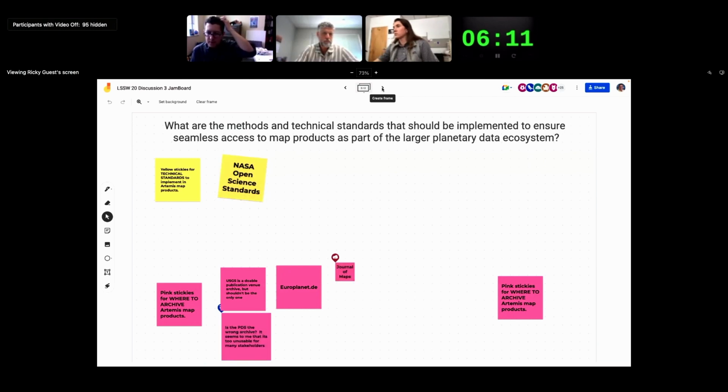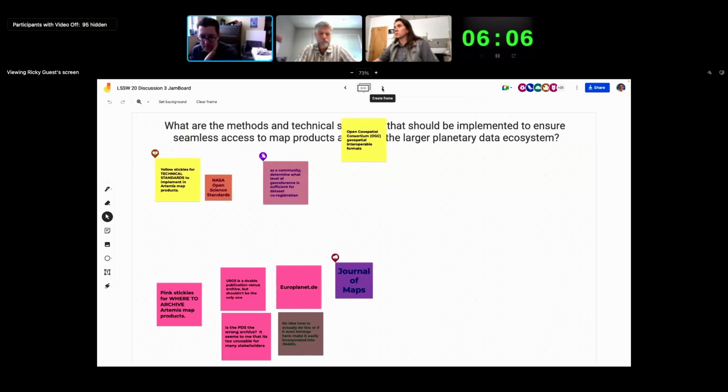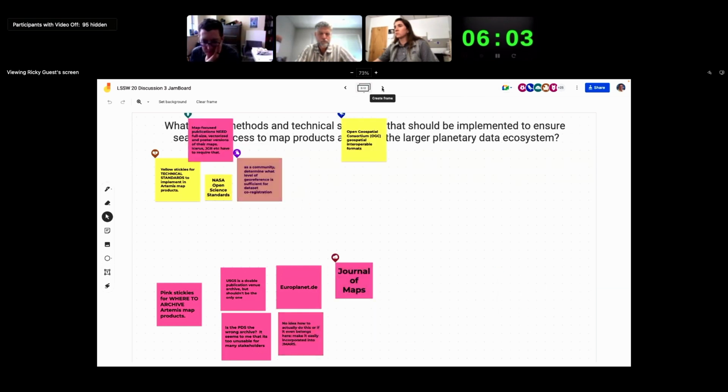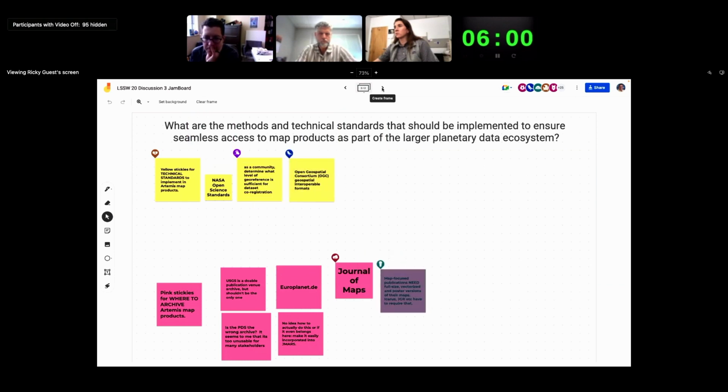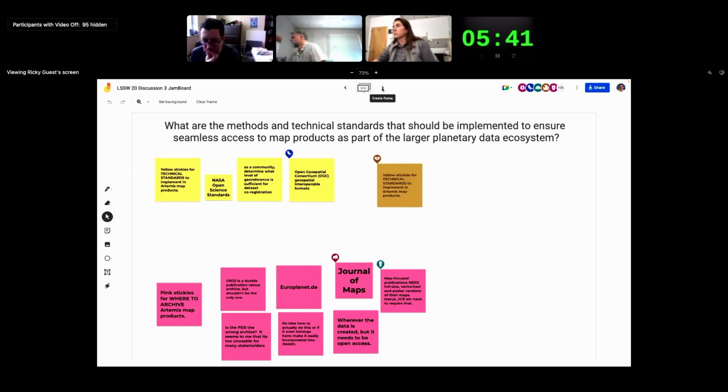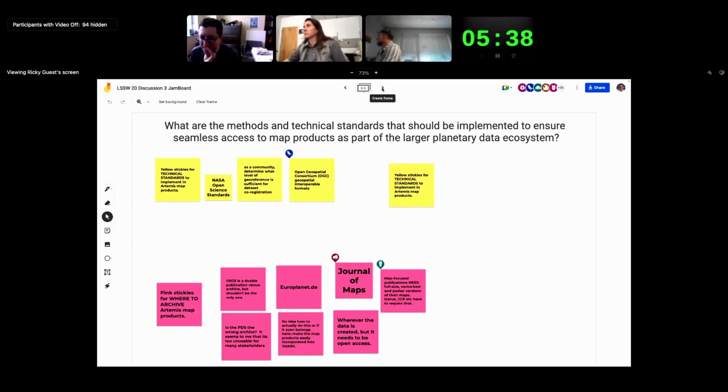NASA Science Standards, Journal of Maps, that's a good one. Has anyone published in the Journal of Maps?